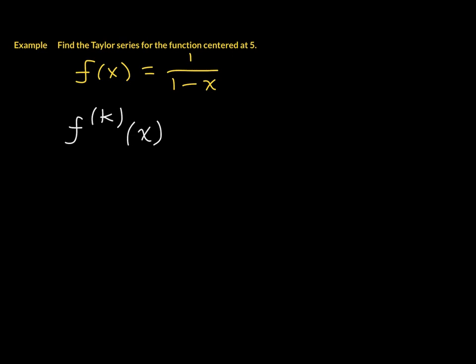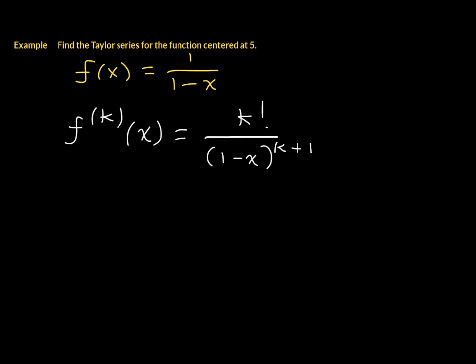So when you're finding the kth derivative of your function, you saw the pattern: the numerator is k factorial, and the denominator is 1 minus x raised to the power of 1 more than k, so k plus 1.